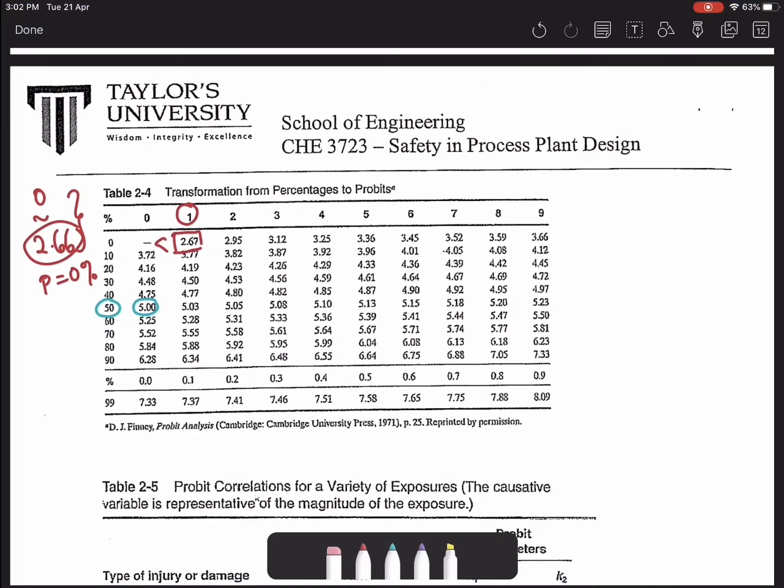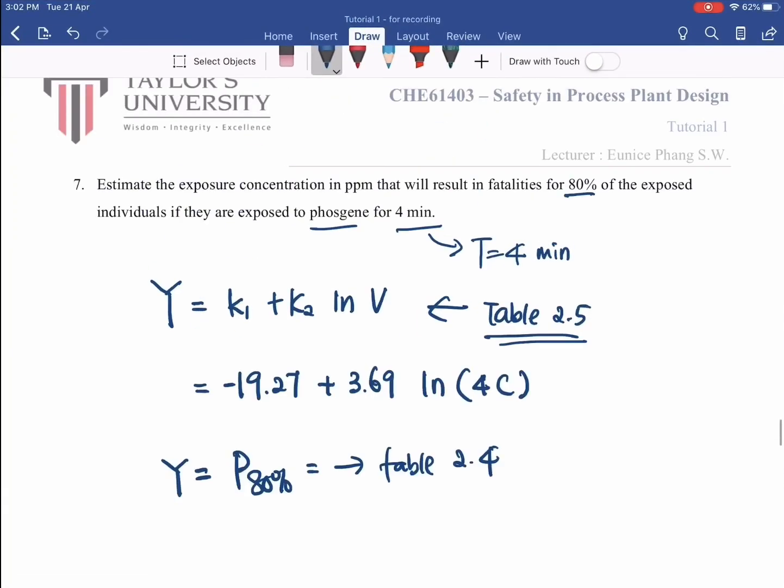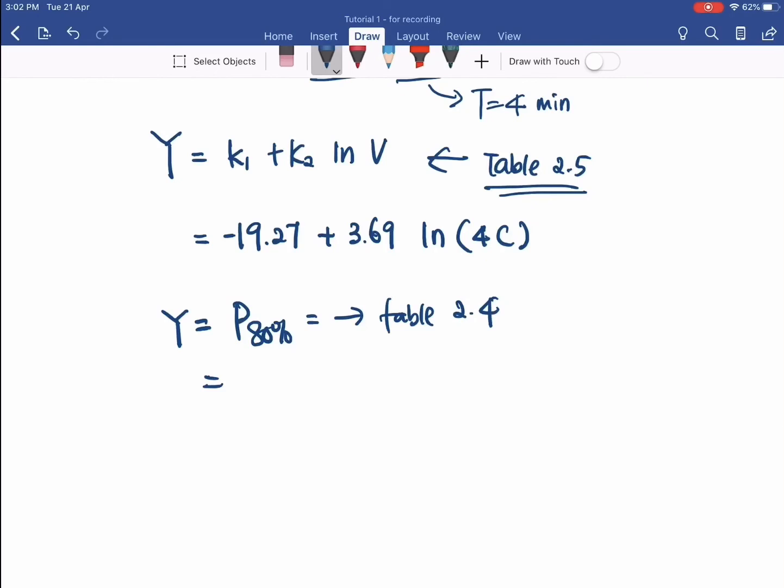At an 80% death rate, the Y value is 5.84. So put this into the equation.